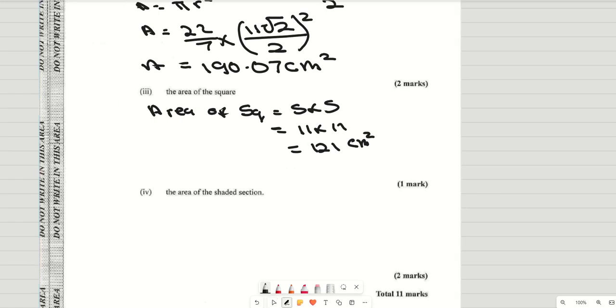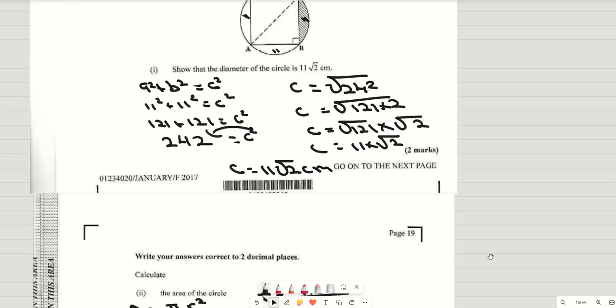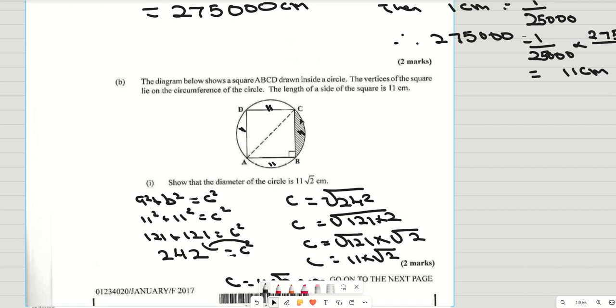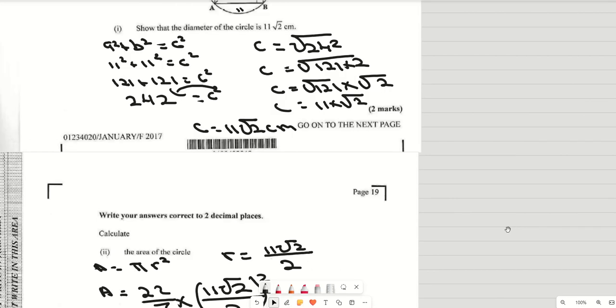Then they want the area of your shaded region. What is shaded here is a quarter of the parts that are not in the square.